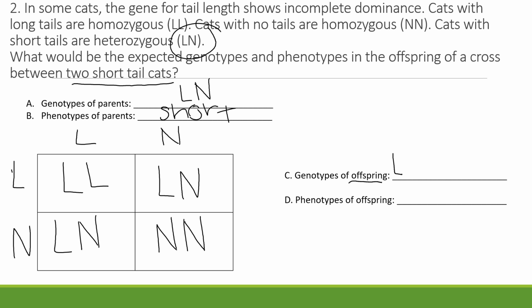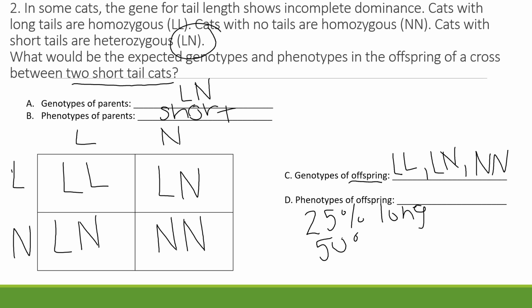So we have two capital L's, capital N's, and an N and an N. Okay, so we have a 25% chance that it'll have a long tail. We have a 50% chance that it will be short. And we have a 25% chance that it will have no tail.